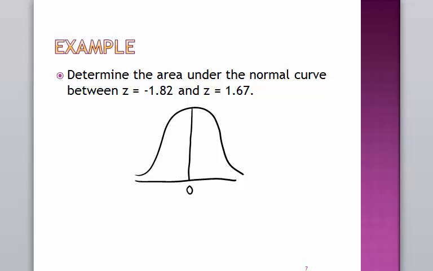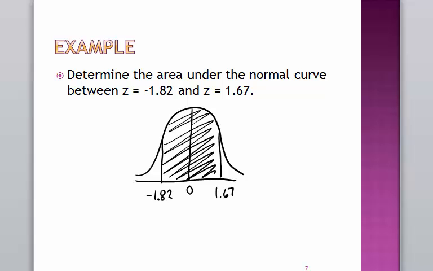Remember, positive z-scores on the right, negative z-scores on the left. So we're going to mark off negative 1.82. And we're going to mark off on the other side 1.67. And we want to find the area between these two values. And so I'm going to shade this section in between the two z-scores that I marked off.